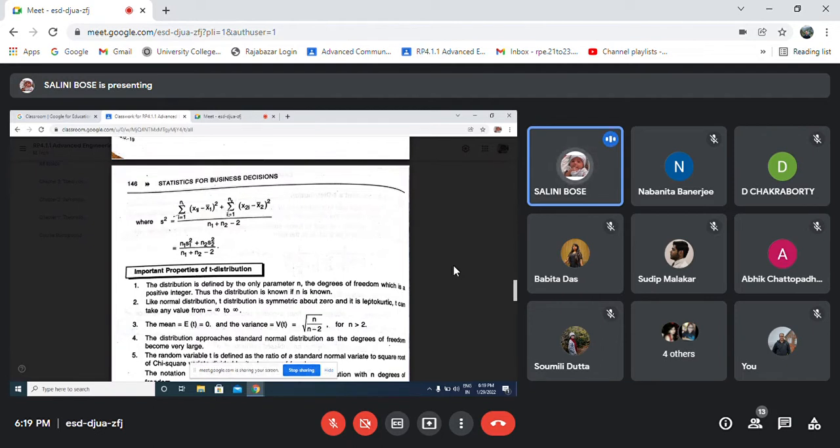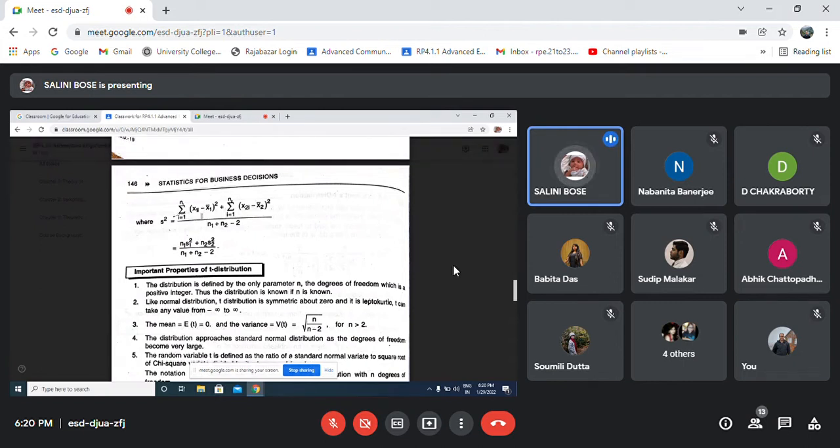And for sample 2, the sample of size n2, obviously it will have n2 number of variables, x2i, starting from i equals 1 to n2. So the formula is set by 1 by n minus 1.